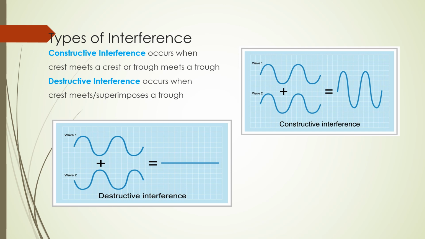A crest and a crest, or a trough and a trough, results in constructive interference with a higher amplitude. And destructive interference occurs when a crest meets a trough or a trough meets a crest. This is the final output of a destructive interference.